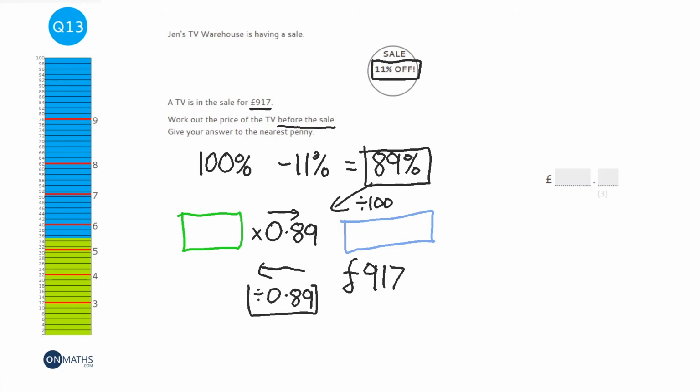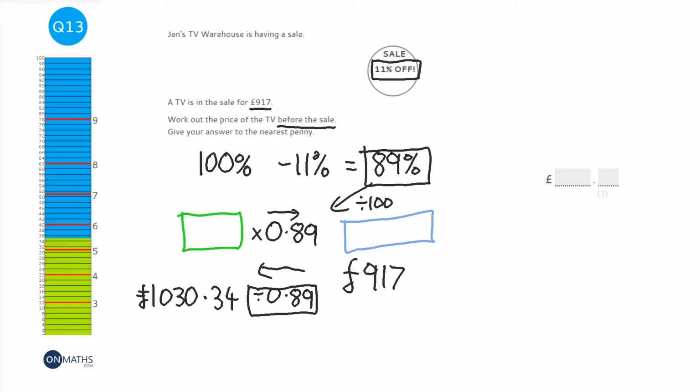Now I show it this way round because I like to have it in the middle, but we've got to do 917 divided by 0.89. Don't do 0.89 divided by 917, otherwise it won't make sense. So on the calculator, 917 divided by 0.89 and press equals. You might get a fraction, just press S to D. And we get 1030 pounds 34.